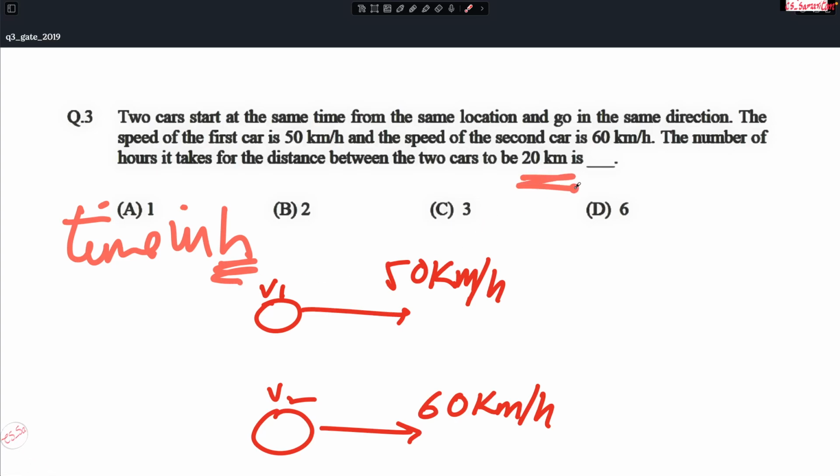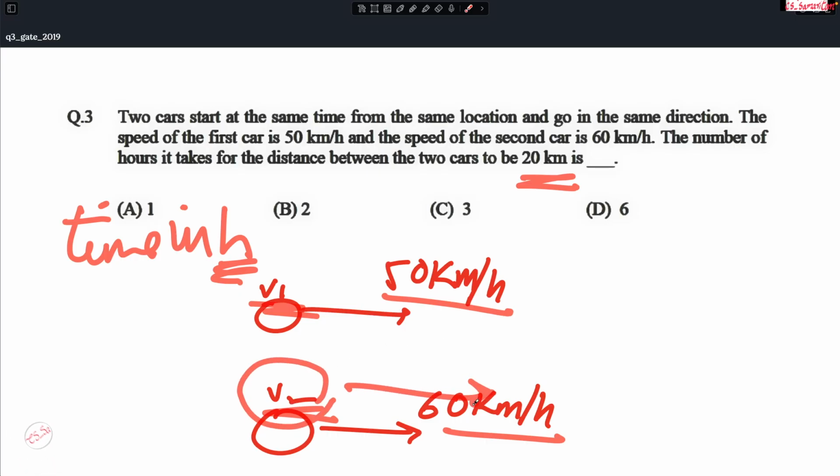They are moving in the same direction, but their speeds are different. The velocity of the second car is 60 kilometers per hour and the velocity of the first car is 50. So after some time the second car is going to be ahead of the first car. How much does the second car have to be ahead for us to record the time?